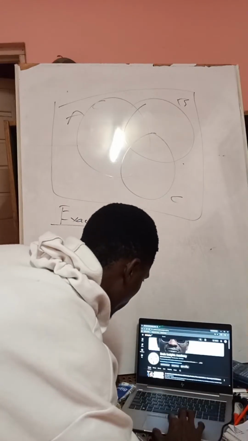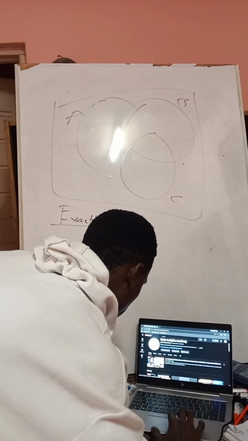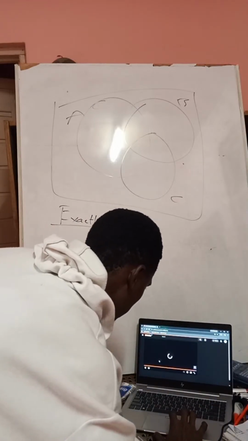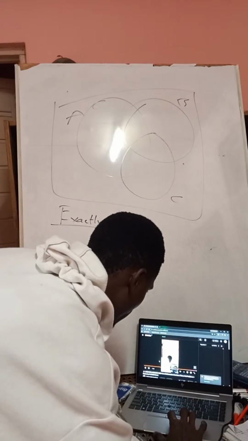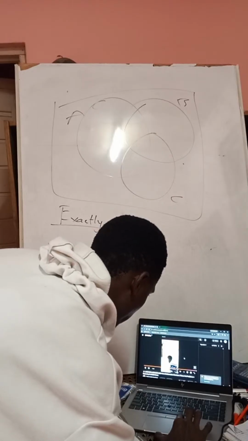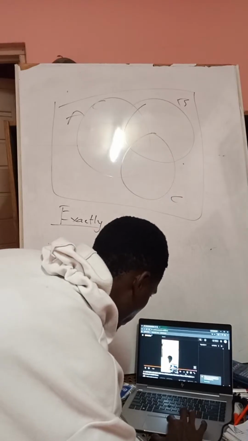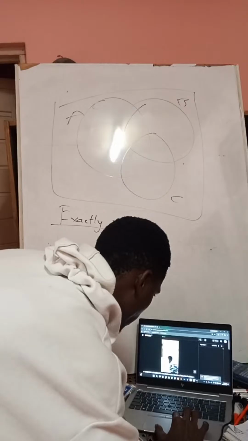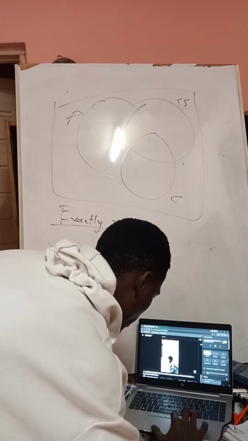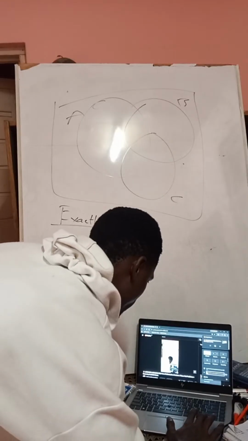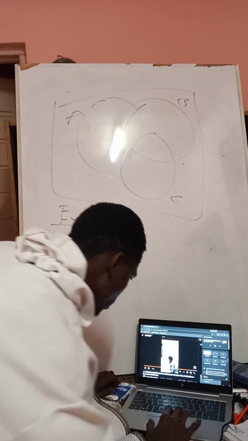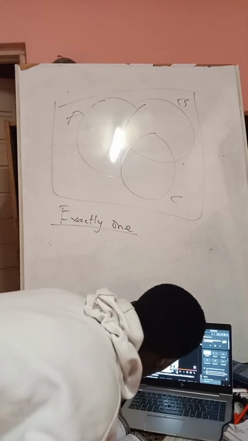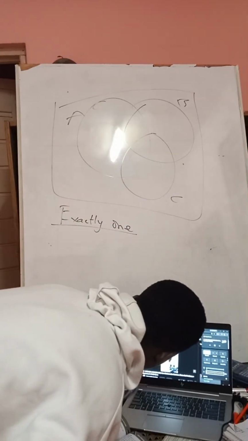We're about to start right now. I want to see whether you can hear me well and you can see everything clearly. The board is not that clear, but I can manage.